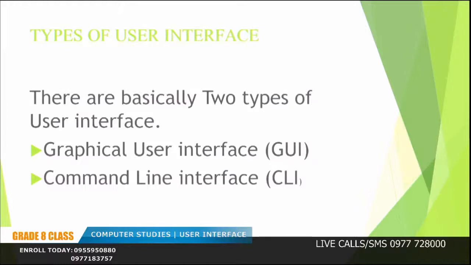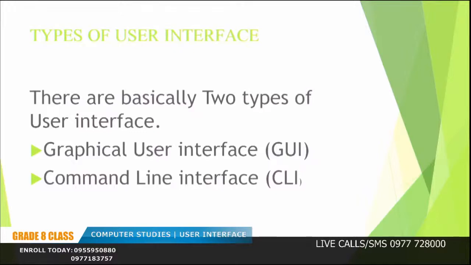I believe you can see on the screen that the first one is graphical user interface, and the second one is command line interface. Are we together? Basically, there are two types of user interface. We have graphical user interface and command line user interface.